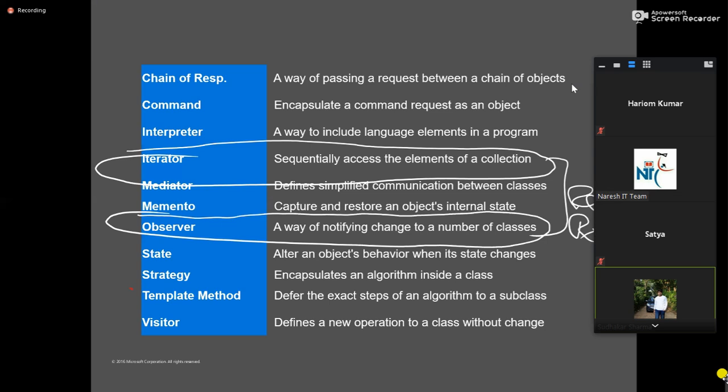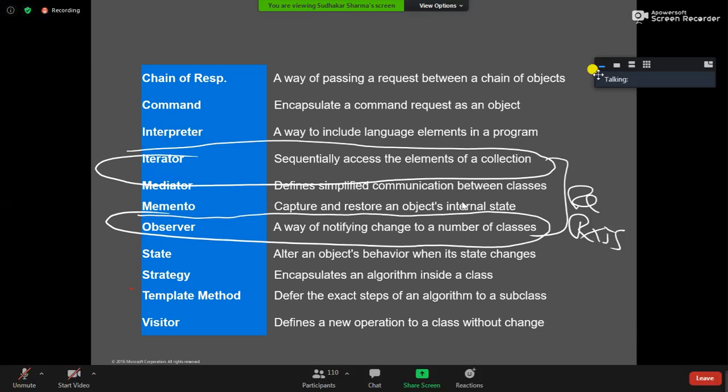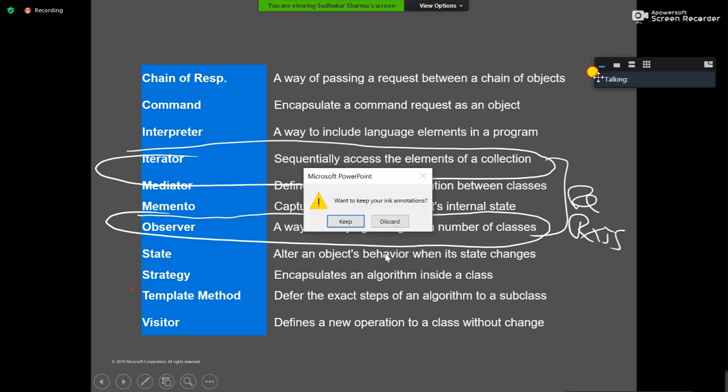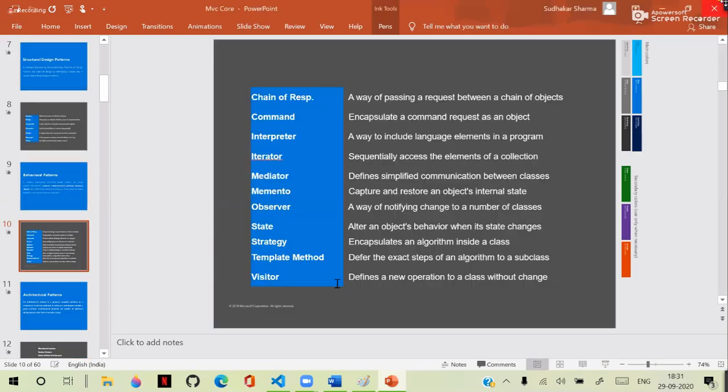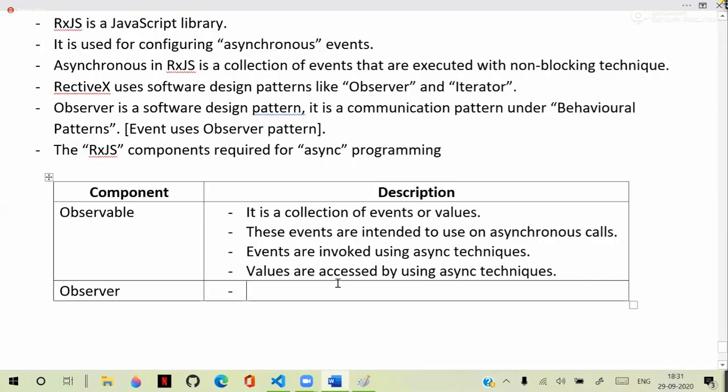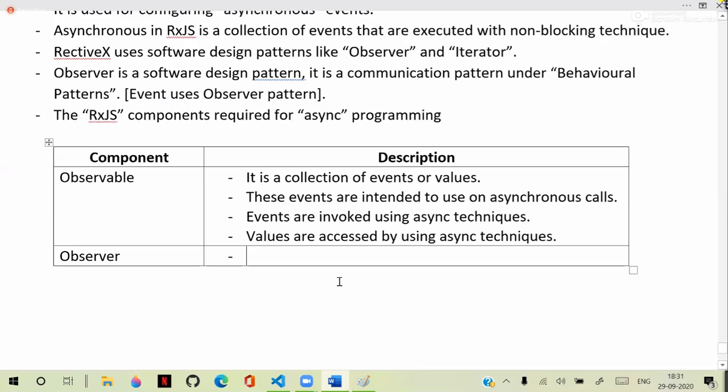So technically, what is observable? Observable is a collection of events or values. Who is observer? Observer is a collection of callbacks.